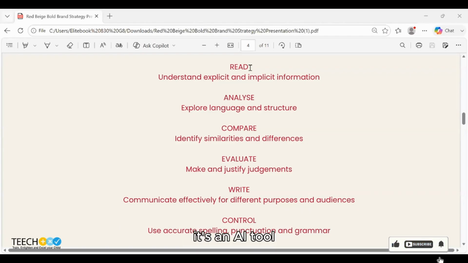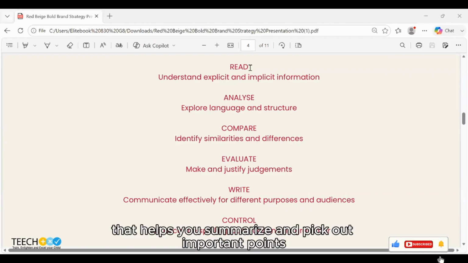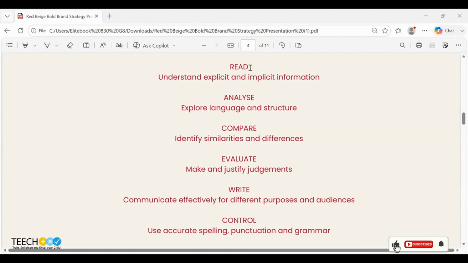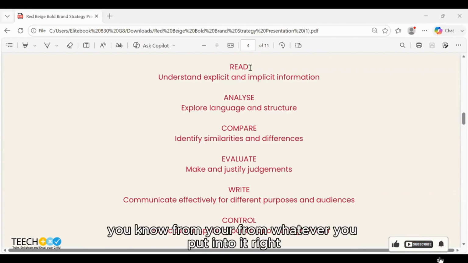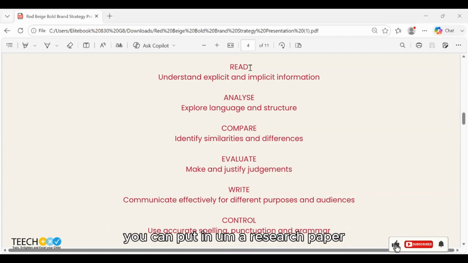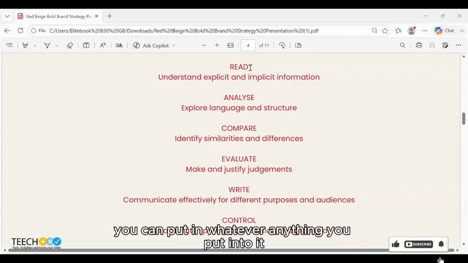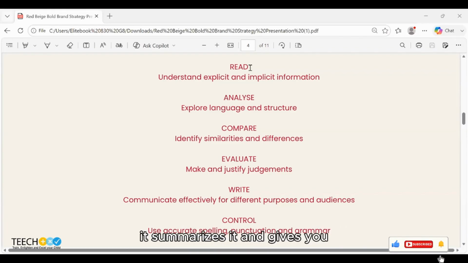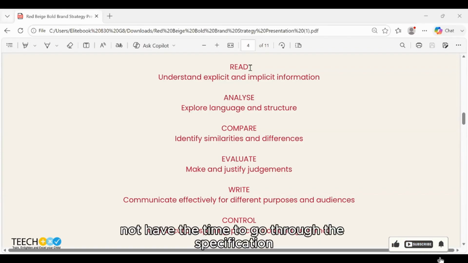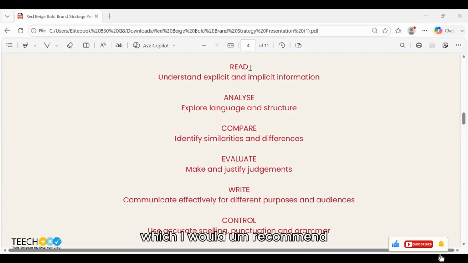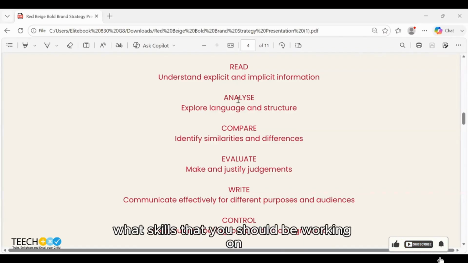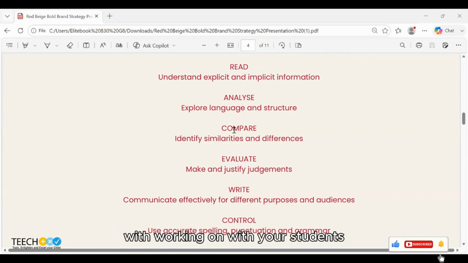It's an AI tool that helps you summarize and pick out important points from whatever you put into it. You can put in a research paper, anything, and it summarizes it and gives you the important points. So if you do not have the time to go through the specification, which I would recommend, you can use NotebookLM. It will let you know what skills you should be working on with your students.